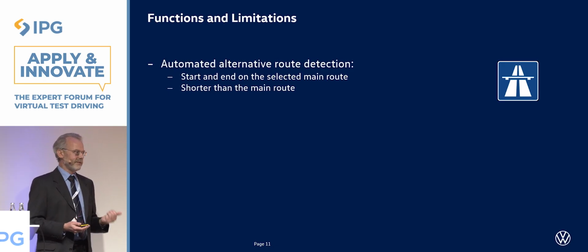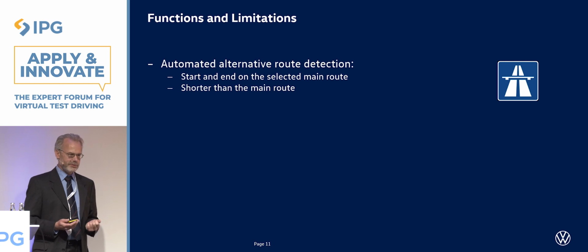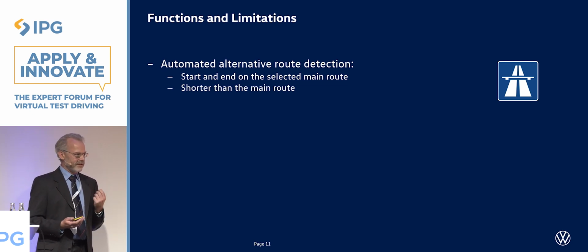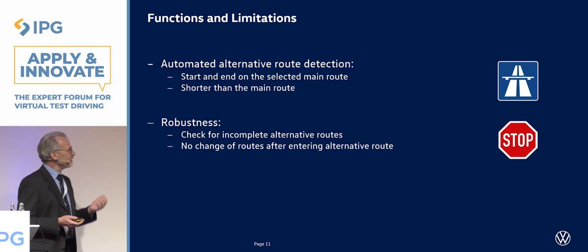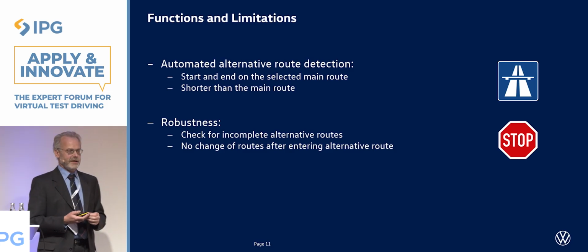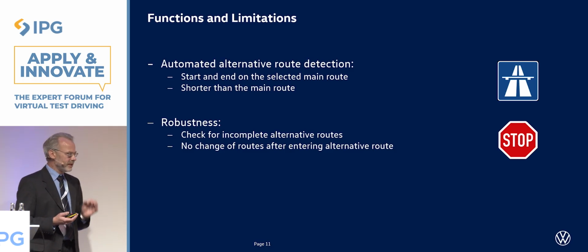The first function, of course, is to find the available routes for the chosen main route. So we provide a list with all the routes that are fitting to the main route that you have selected previously. Then we also check these routes if they are really complete, if they are really terminating on the main route again, for instance.